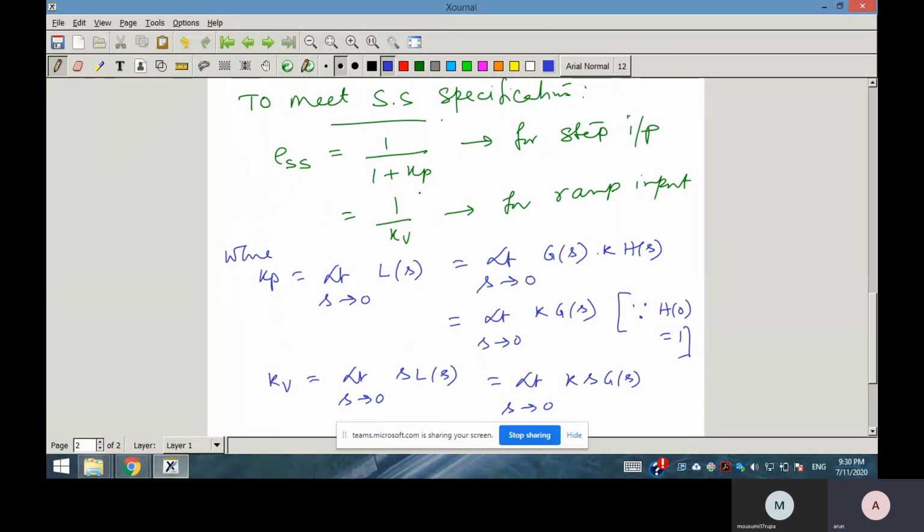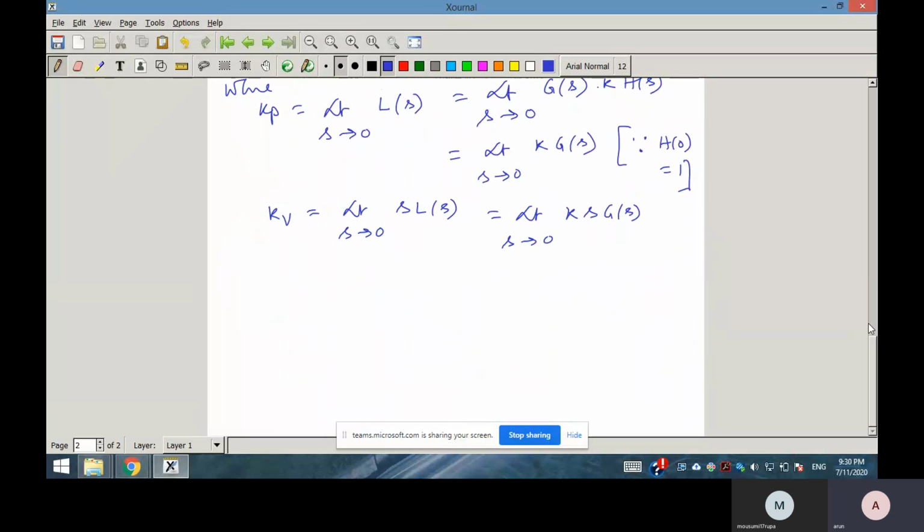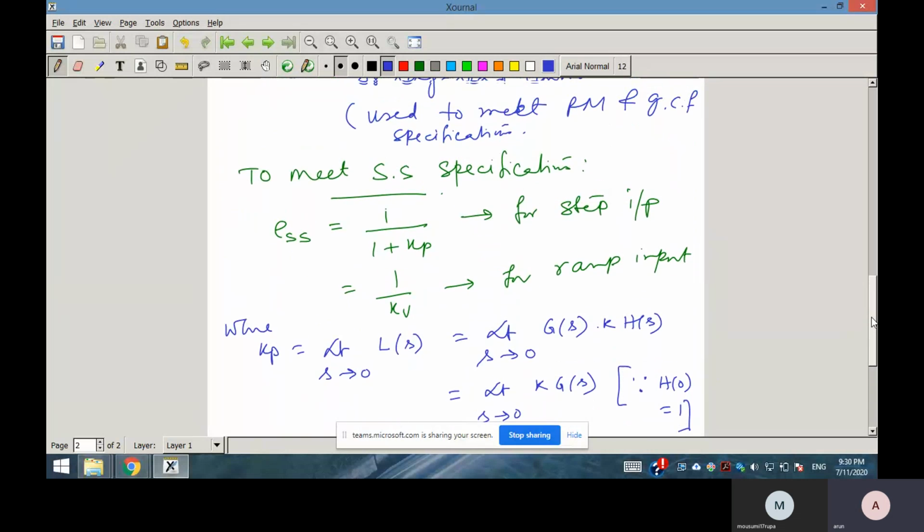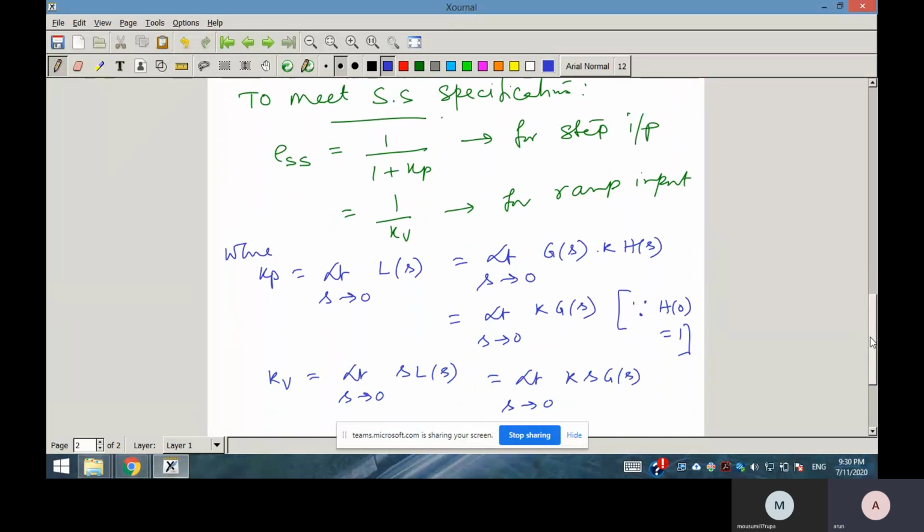From there you can easily find KP, and similarly for a ramp input, the error due to ramp input, you can also find KV, and then from this relation you can find what will be K. So this is about steady state error specification. That means the servo gain or static gain K can meet the steady state error.